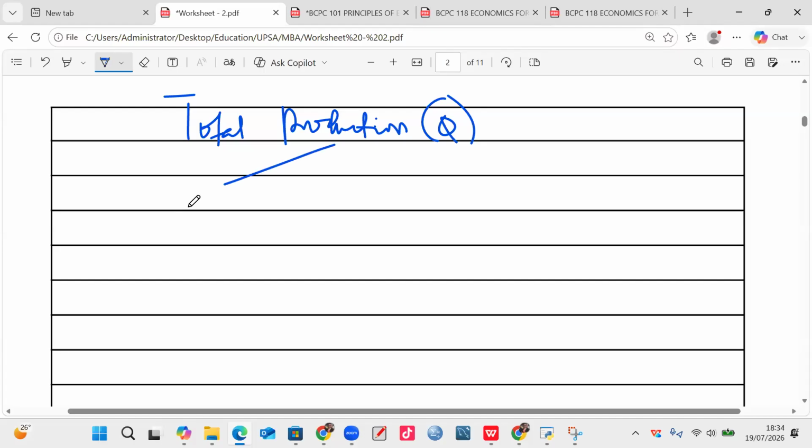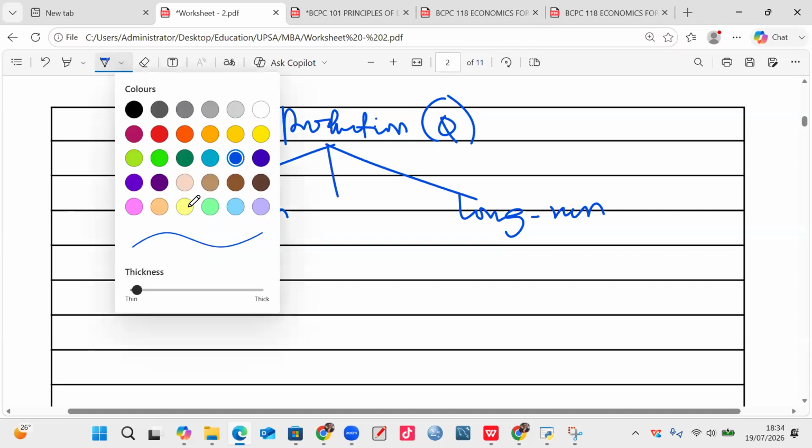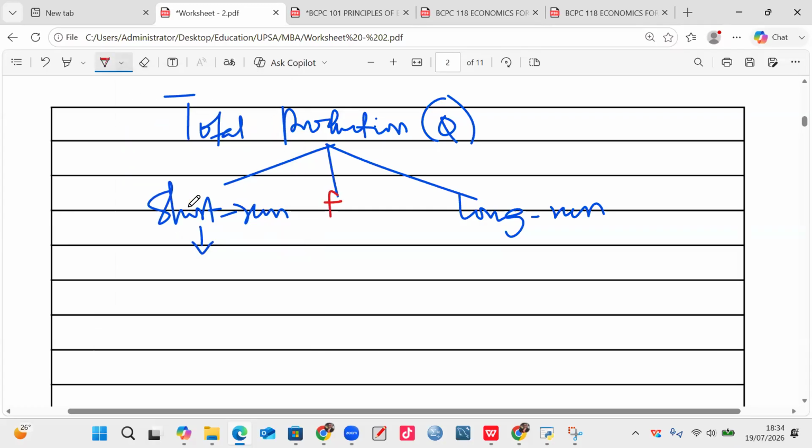The production period, there are two. We have what is called the short run. We have the long run. In the short run, right? Now we are dealing with what are the factors of production? Yes, factors of production. Land, labor, and capital. And we also go with the acronym CEL.